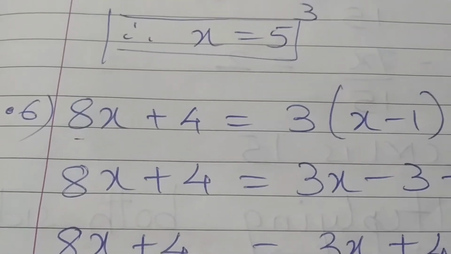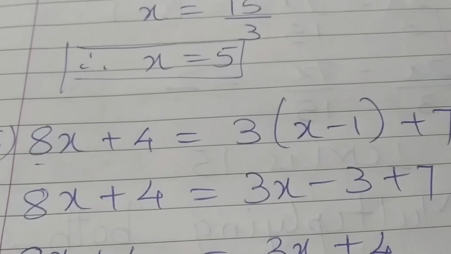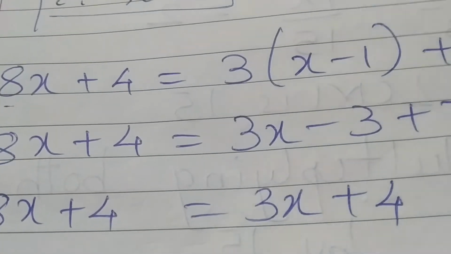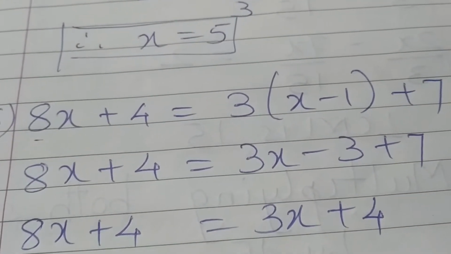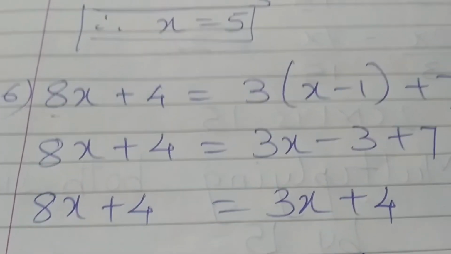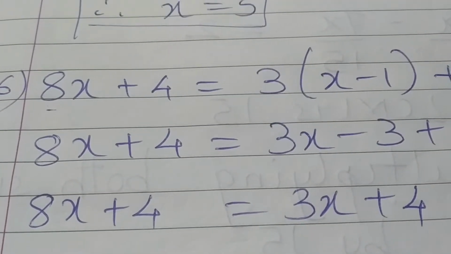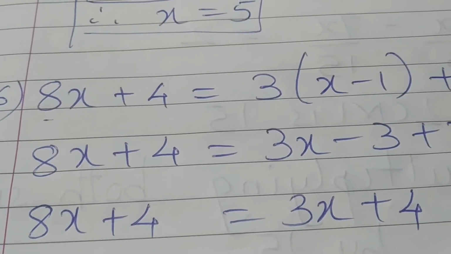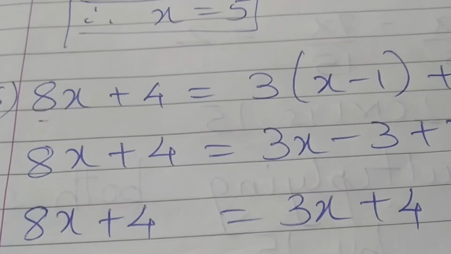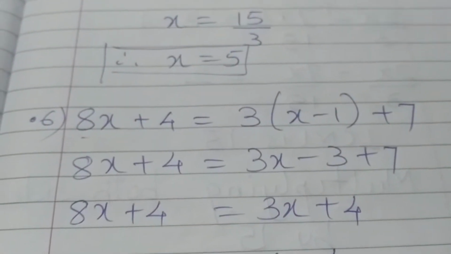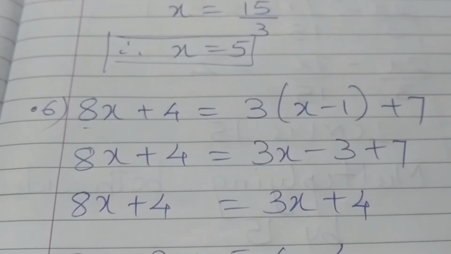Sixth one is little different. Put a star. 8x plus 4 on the left hand side is equal to 3 bracket x minus 1 plus 7. Now first what you will do, you will multiply, open the brackets. 3x minus 3. 8x plus 4 is equal to 3x minus 3 plus 7. Now first you will operate minus 3 plus 7, that is plus 4.